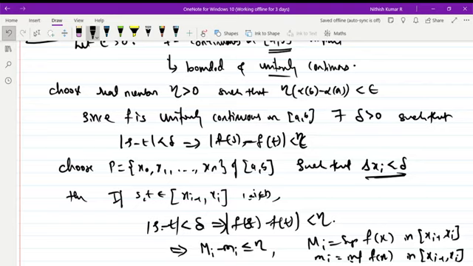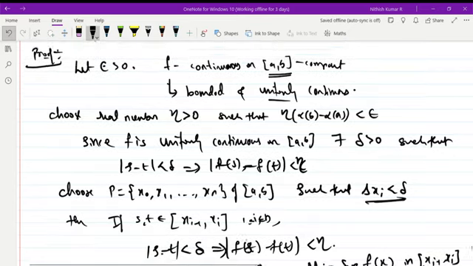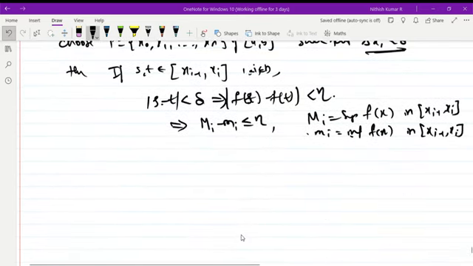If you take any two points in the interval xi minus 1 and xi, then their difference is less than delta. Moreover, it implies f of s minus f of t is less than eta.